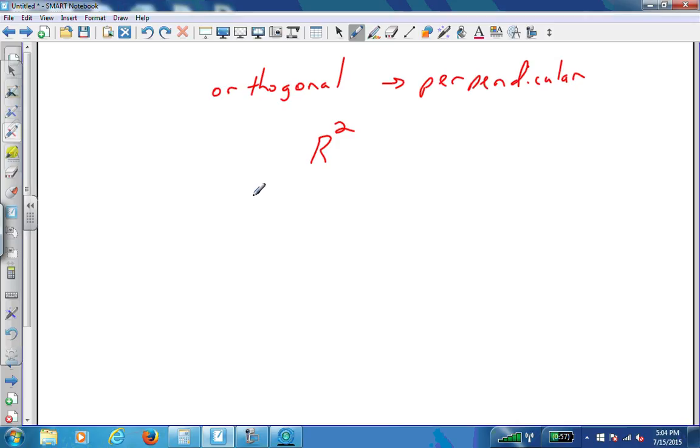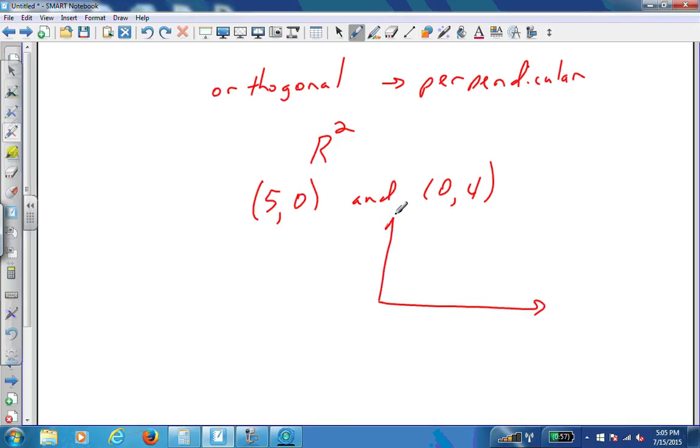So for example, if we look at the vectors (5, 0) and (0, 4), this goes to the right 5, up none. This goes left and right none, up 4. Notice those are perpendicular to each other.